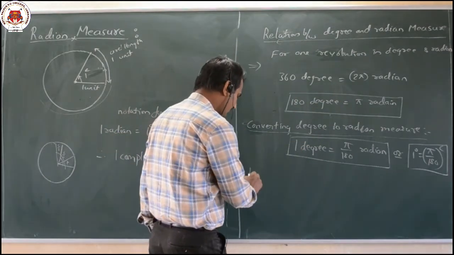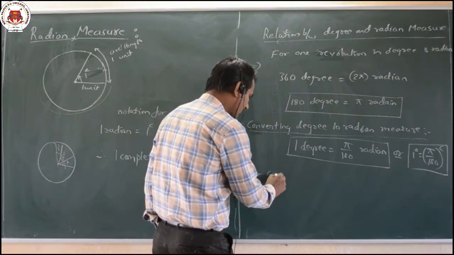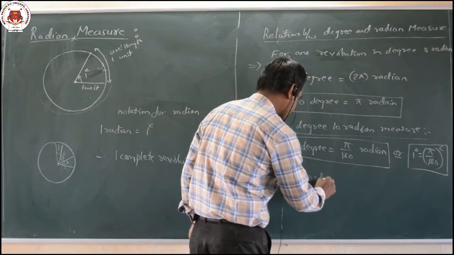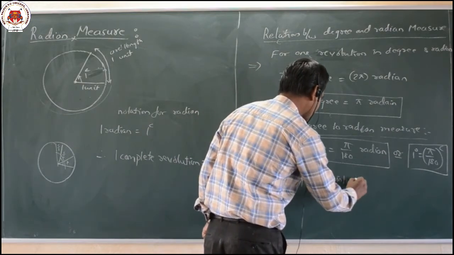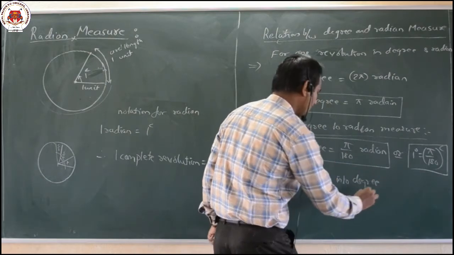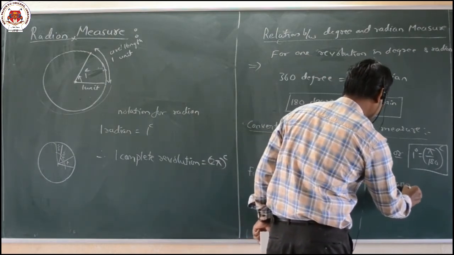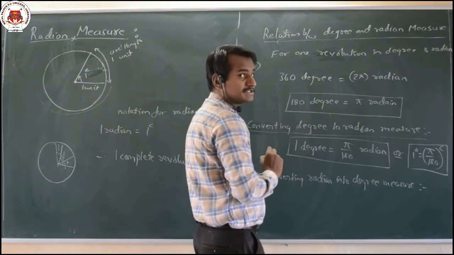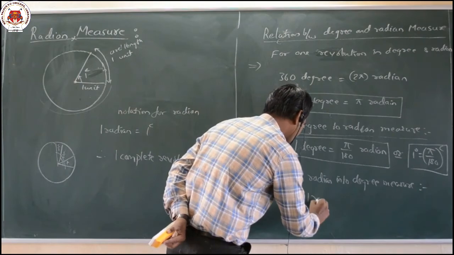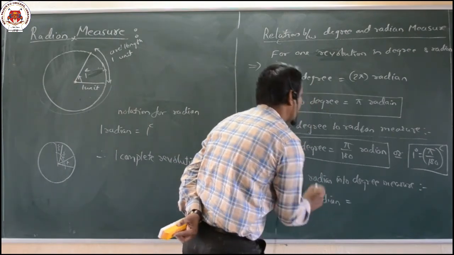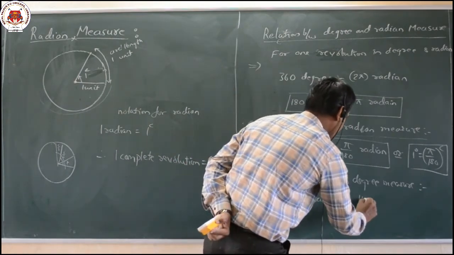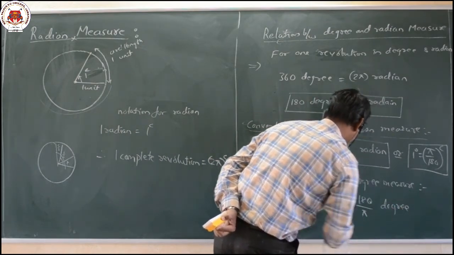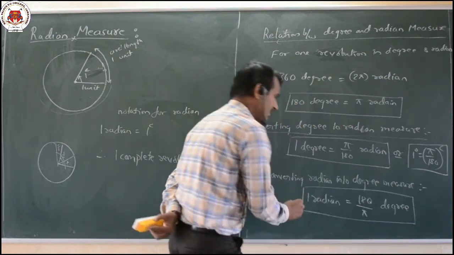Similarly, for converting radian into degree measure, 1 radian is equal to, dividing both sides by pi, 1 radian is equal to 180 by pi degrees.